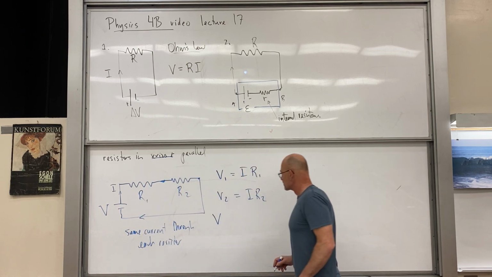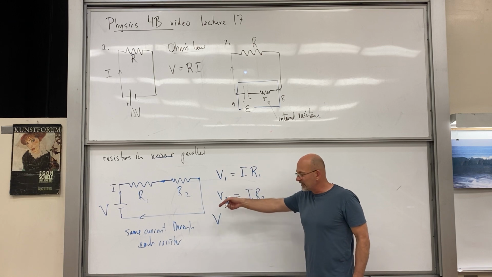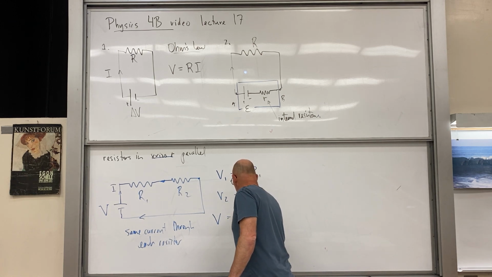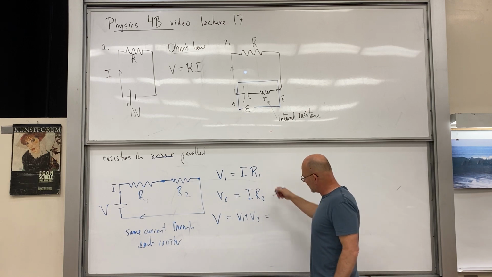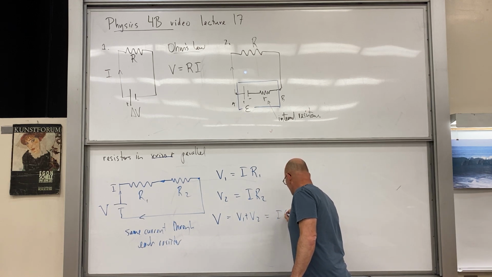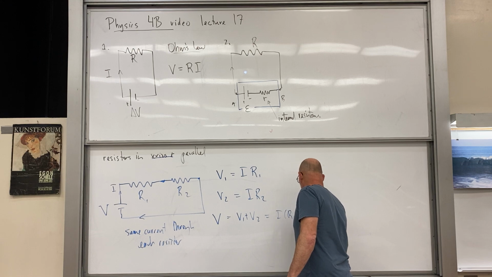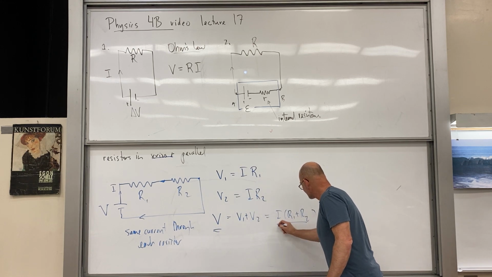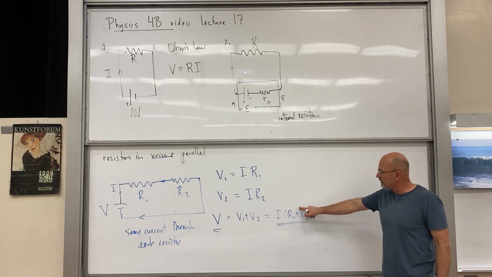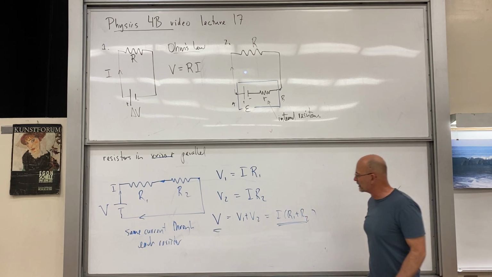Okay. So for that reason, V is V1 plus V2, which is IR1 plus IR2. So I times (R1 plus R2). And if we equate this right here, we see that the equivalent resistance is R1 plus R2.